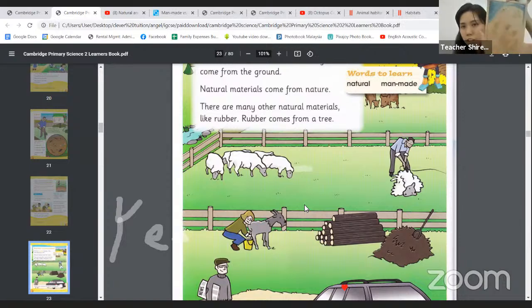What's the material of this book? It's called paper. And what's the material of that? Metal. What's the material of the cell phone here? The shiny one is called metal. So we have many different types of materials.